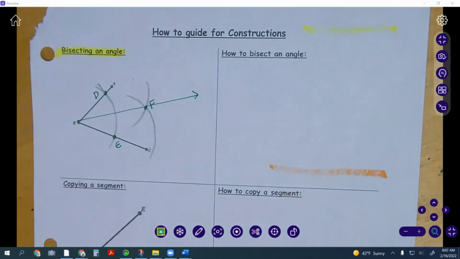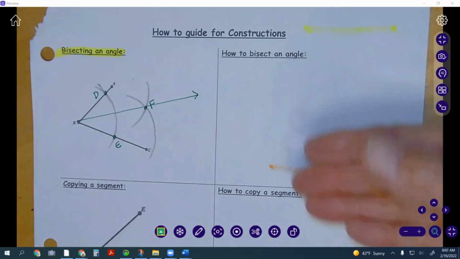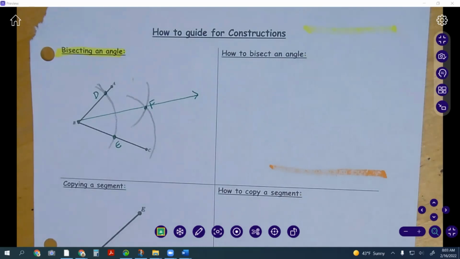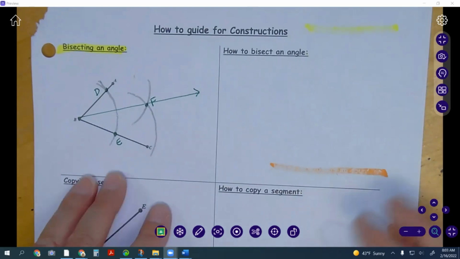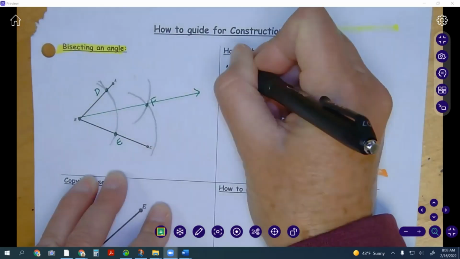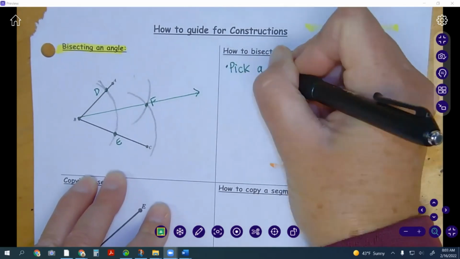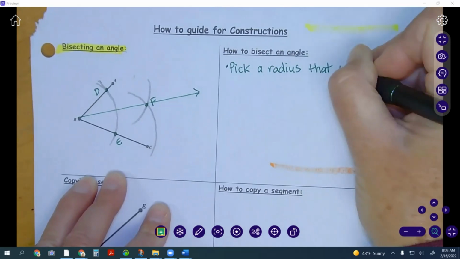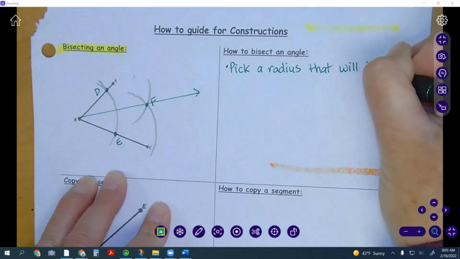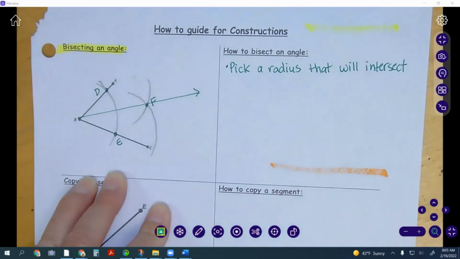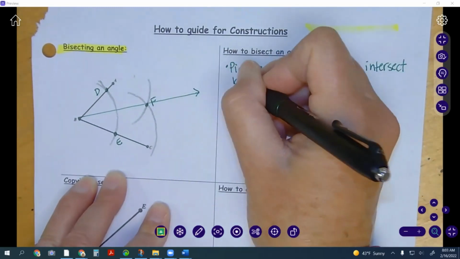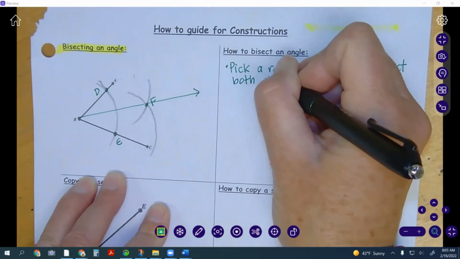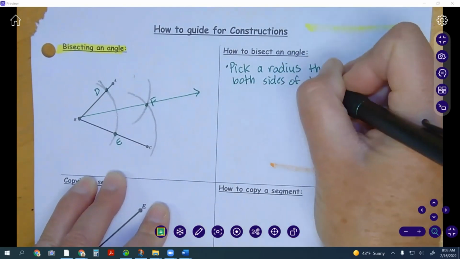Now, when we are trying to do this, here it says how to do it. So we're going to write out the steps. The first thing I did was pick a radius that will intersect both sides of the angle.